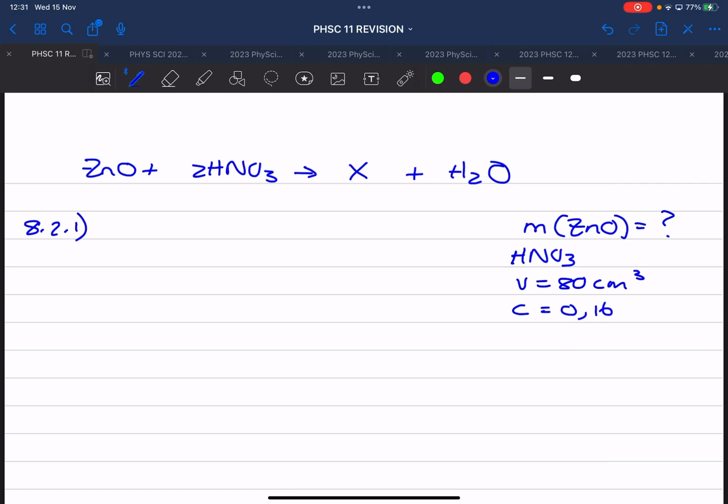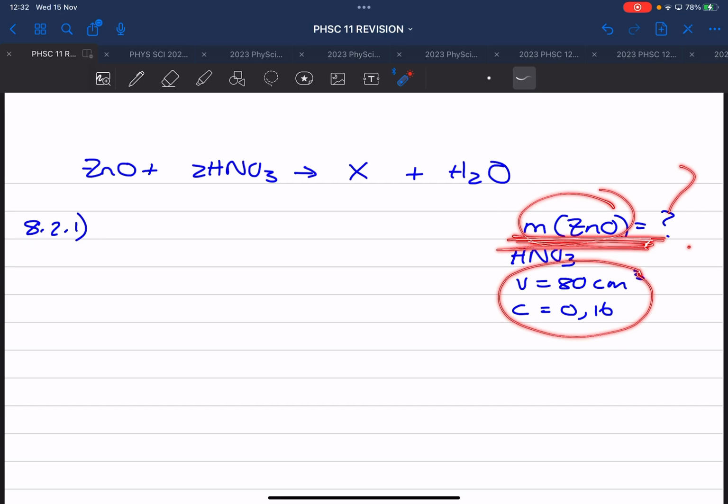So let's sê vir jou, jy het presies soveel nodig. You need exactly this amount of nitric acid to neutralize X amount of that. Okay. So this is exactly how much you need to neutralize that. What mass of that did you have to start with?